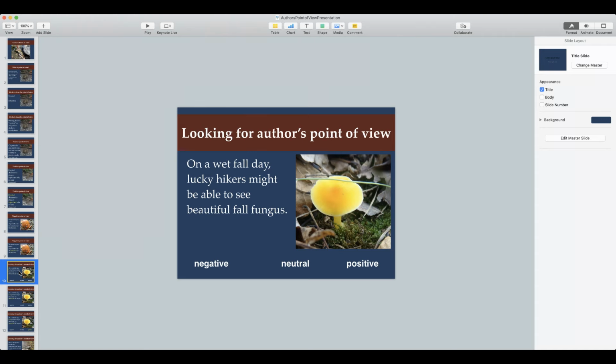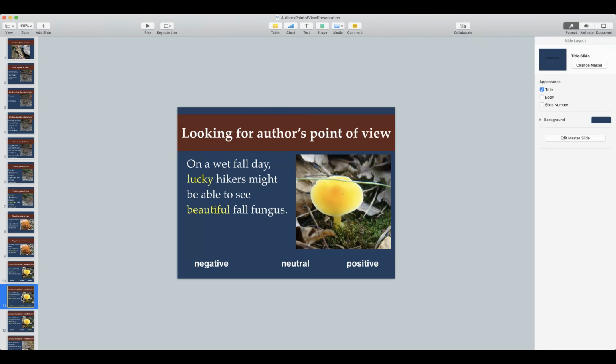On a wet fall day, lucky hikers might be able to see beautiful fall fungus. Are there any words in this sentence that either make you feel that this is a negative point of view or a positive point of view, or is it fact and is this a neutral point of view? Take a look at it and think about which it could be.